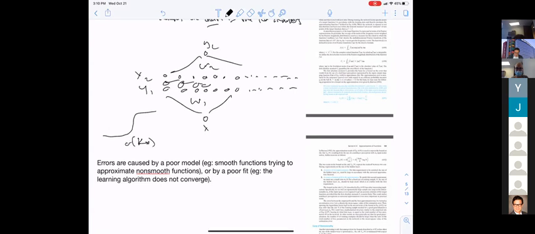So sigma of kx, if k gets large, gets steeper and steeper. I can also construct sigma of negative kx, which would do the same thing in the other direction. I can put an offset in here, plus little b's, so I can put this thing arbitrarily close to that thing, right?